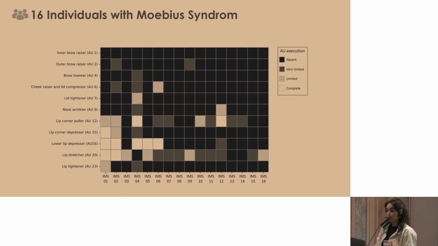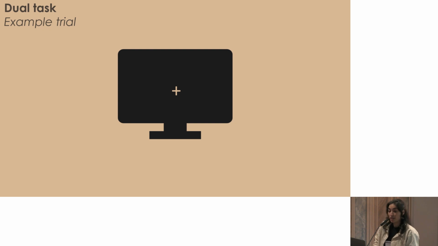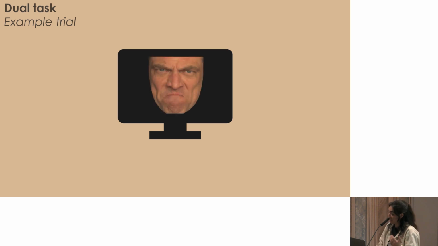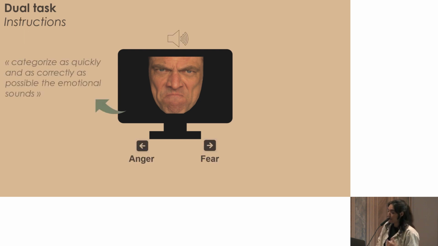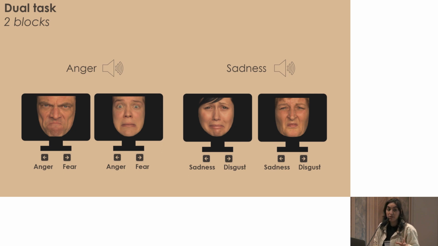Then we asked them to perform a dual task, and here is how it looks. First, they saw a fixation cross, and then they heard an emotional sound and, at the same time, saw a face. We asked them to do 2 things. First, to categorize the emotional sounds as fast and as accurately as possible. And second, to look at the screen to be able to remember the identity of the actor. This experiment included 2 blocks.